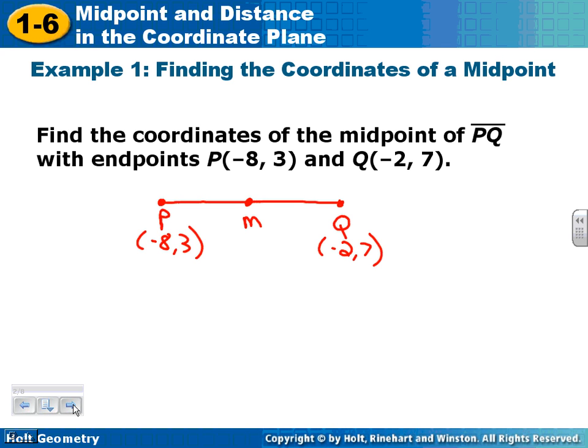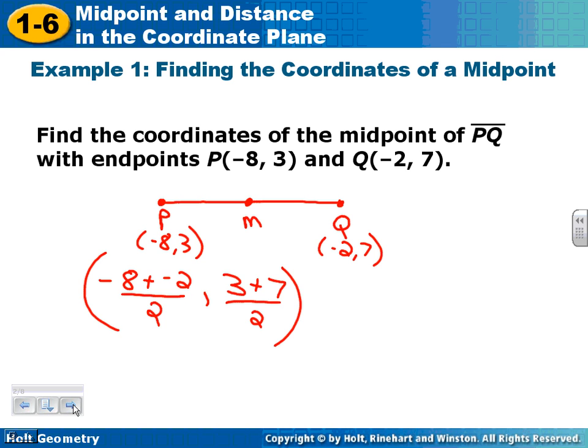So the midpoint would be, this is where I average. I take the x's, which would be negative 8 plus negative 2, divide that by 2, comma, 3 plus 7, and divide that by 2. And I need parentheses around this because it's an ordered pair.